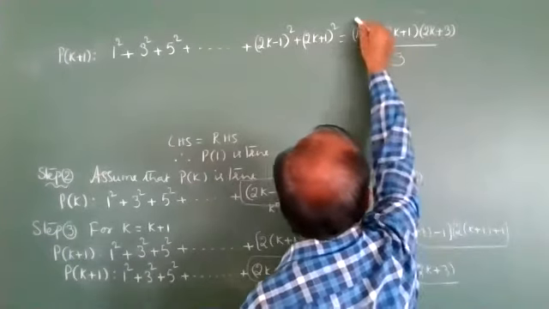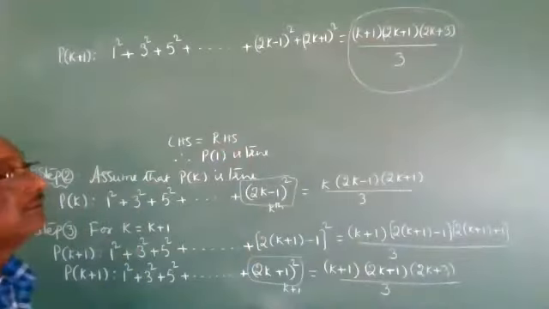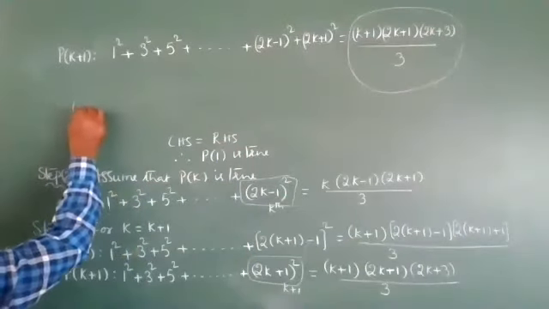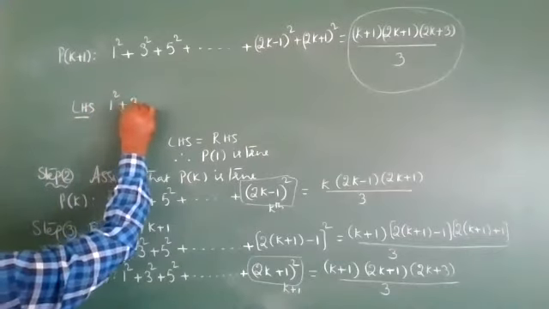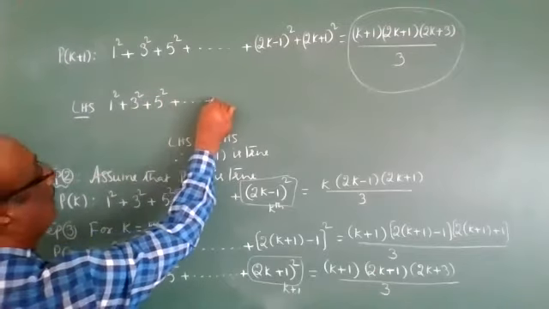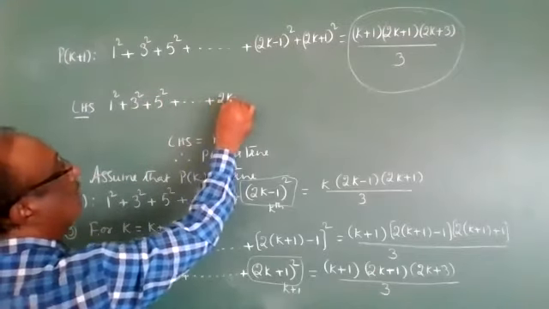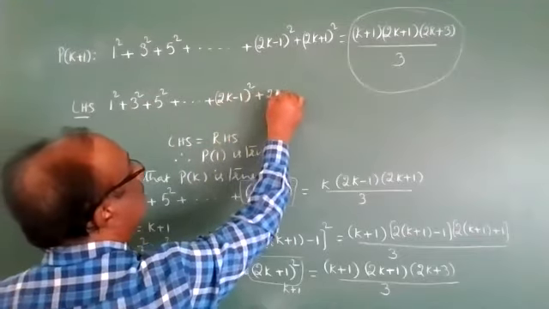This is rounded up. We have to prove this one. Take left hand side. 1 square plus 3 square plus 5 square dotted, 2k minus 1 square plus 2k plus 1 square.